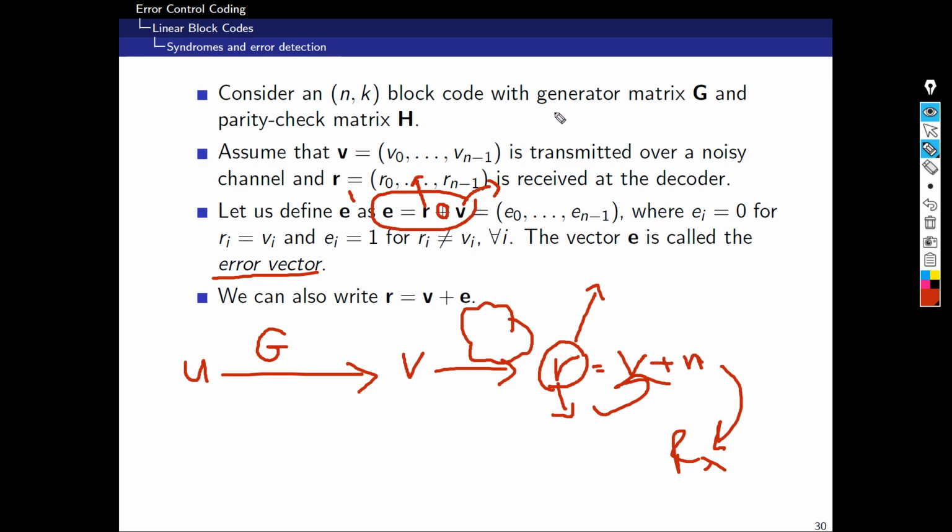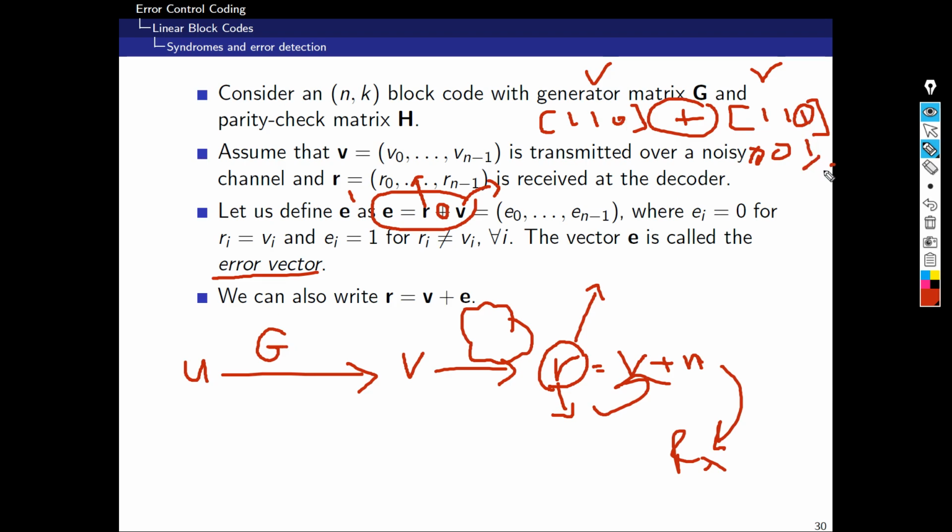Let's say V was something like this: 1, 1, 0. And due to noise, you didn't receive it like this, you received it like this: 1, 1, 1. Where is the error? The error is in the third bit. Now, when you XOR them with each other, this is V, this is R. 1 XOR 1 is 0. 1 XOR 1 is 0. 0 XOR 1 is 1.